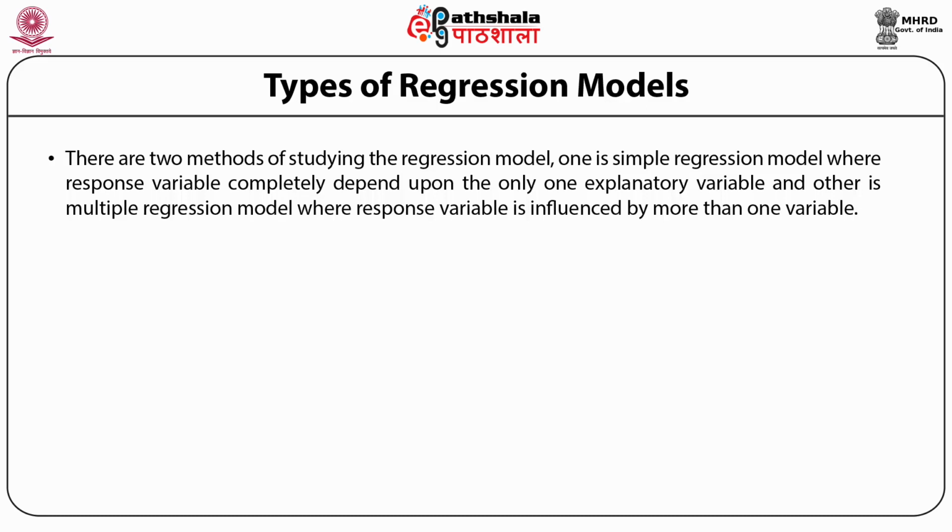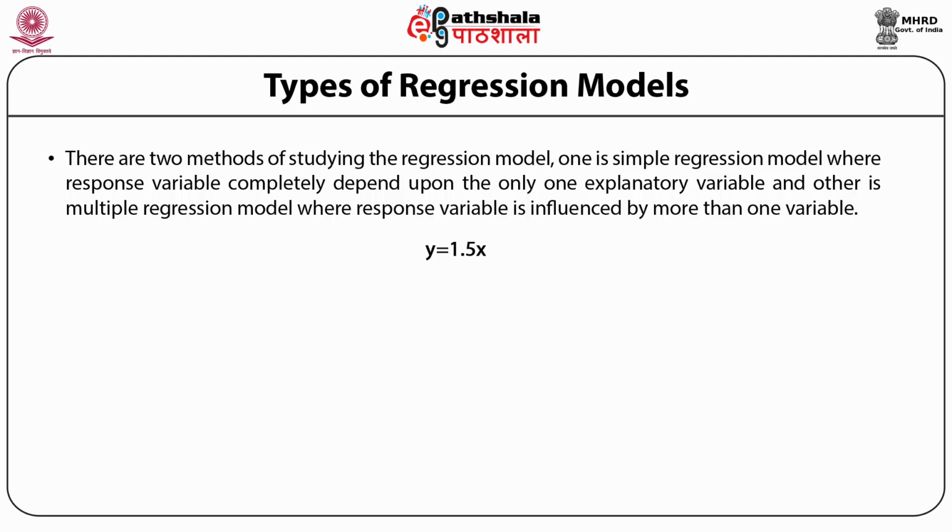In those cases where the response variable completely depends on the explanatory variable, this relationship between the variables is called deterministic. For example, y is equal to 1.5x, where y is your dependent variable and x is your independent variable, which is also known as explanatory variable.